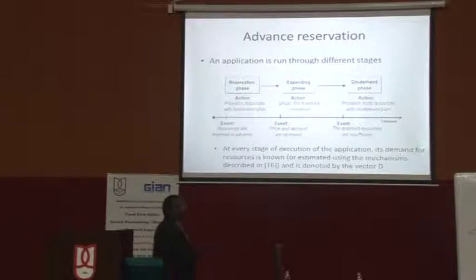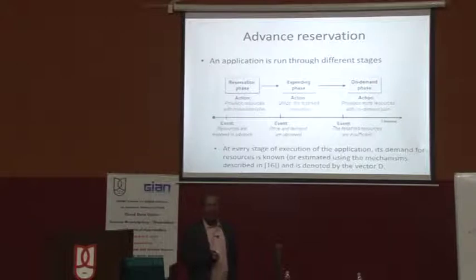different stages that the application runs in. You first reserve the resources you need. That is stage one. And then if you actually under-reserved, then you can extend into on-demand provisioning.